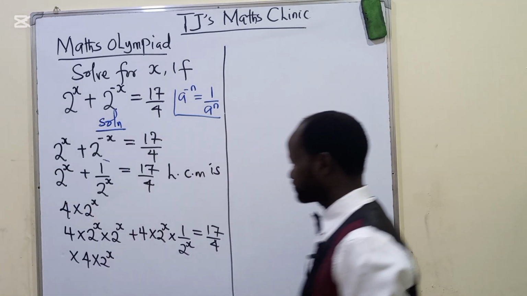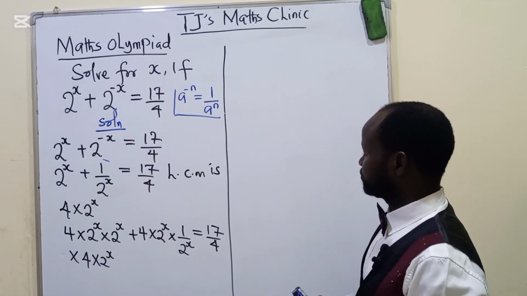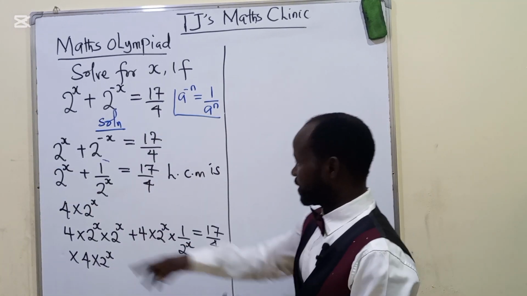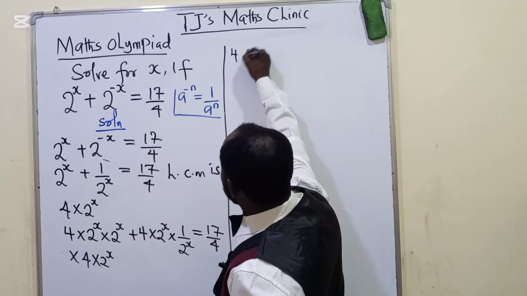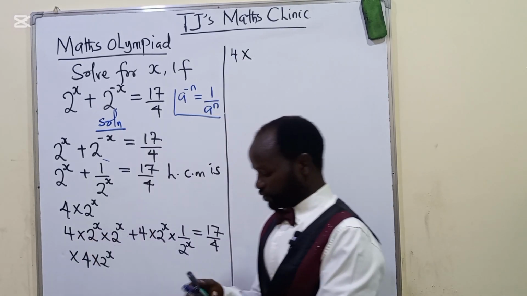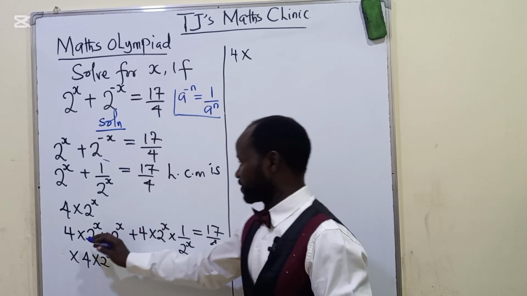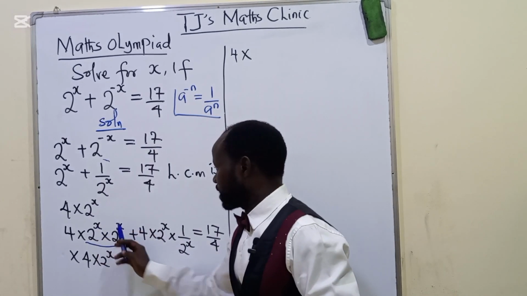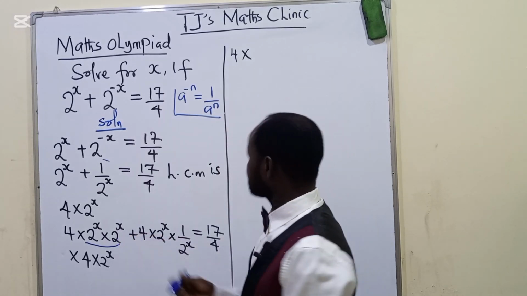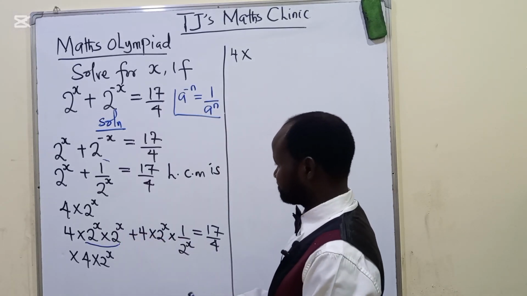Very important. The next thing to do is to work on this. We have 4 here, times, and we apply the multiplication law of indices at this point. The bases are the same, so we can pick one of the bases and add their respective powers.